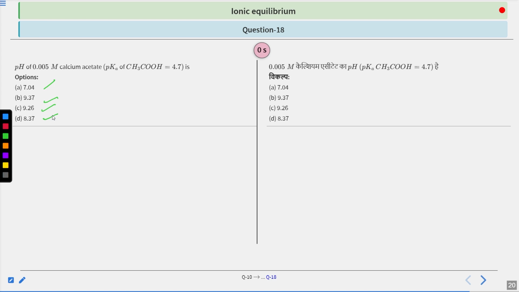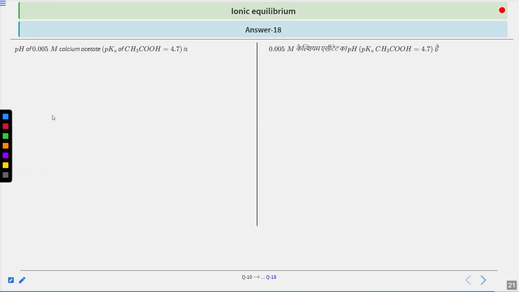The time is up for this question. The pH of 0.005 molar calcium acetate is to be calculated, where pKa is given for acetic acid as 4.7. The correct answer is D, which is 8.37.